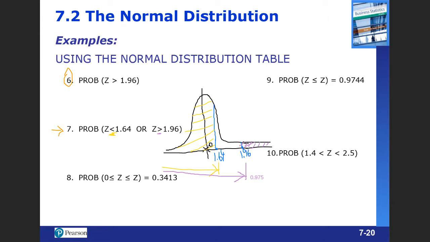The purple shaded area is not 0.975. How do I get that area? 0.975 is from negative infinity.